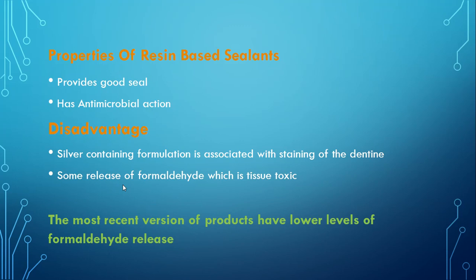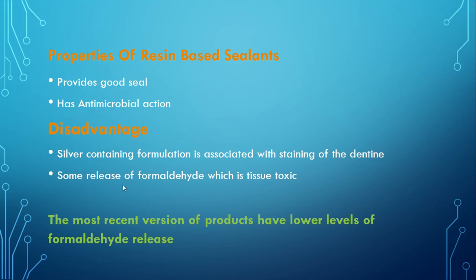Properties of resin based sealants are: they provide a good seal and have antimicrobial action. Disadvantages of resin based sealants are: silver containing formulation is associated with staining of the dentine. It means it can cause staining of the dentine, which results in color change of the tooth over a period of time.